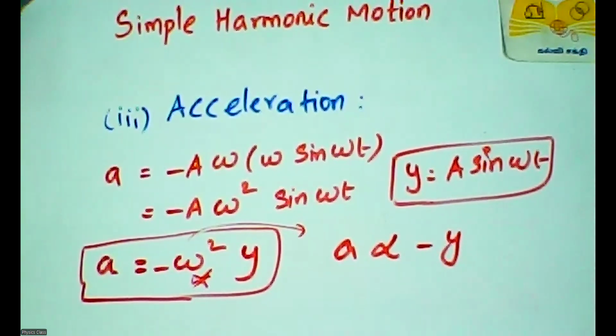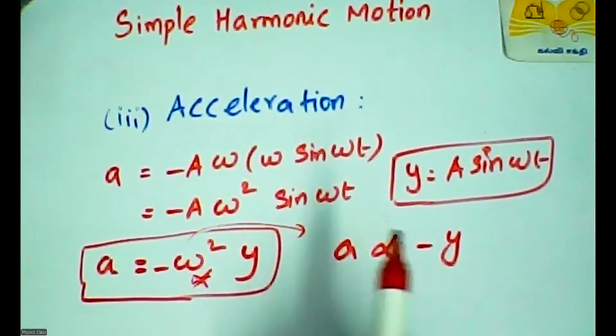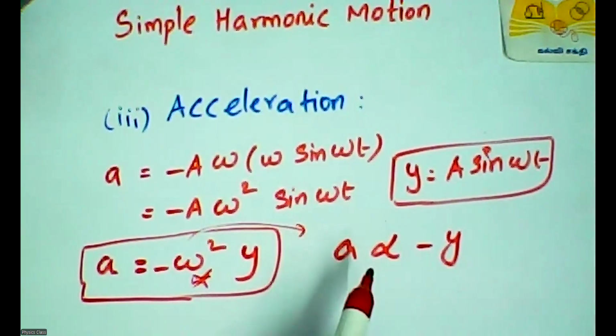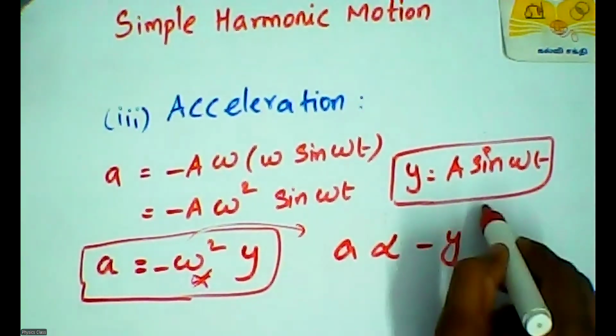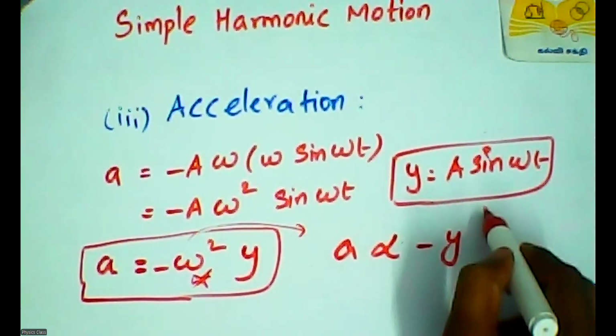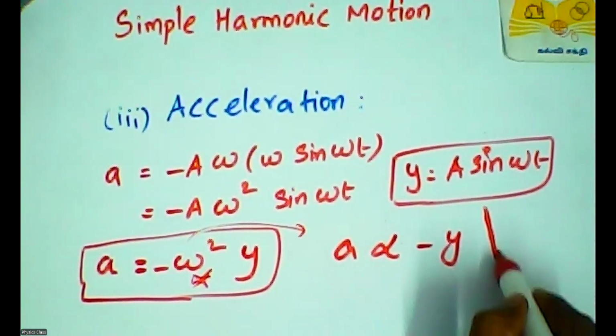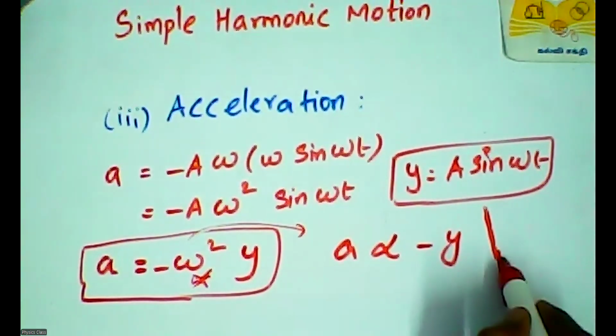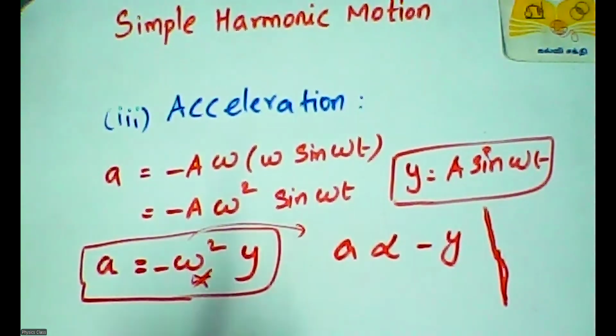Already I told you. So the acceleration acting on the object is opposite in direction to the displacement. Suppose the object moves here, acceleration is towards here, towards the equilibrium direction. So always in the opposite direction. It is clear. Always acts in the opposite direction.